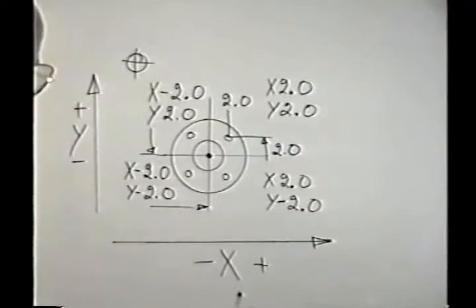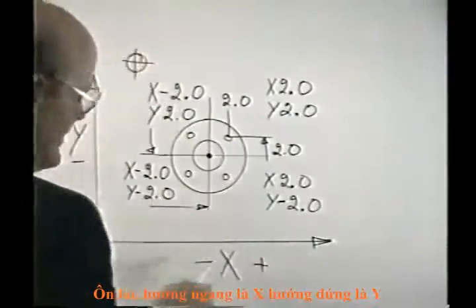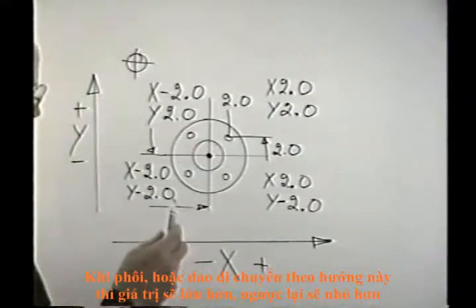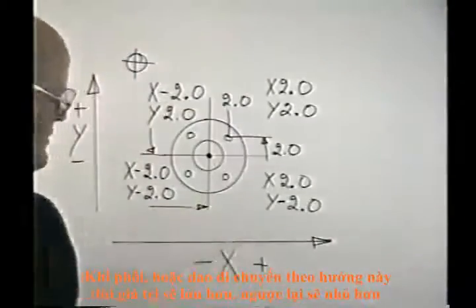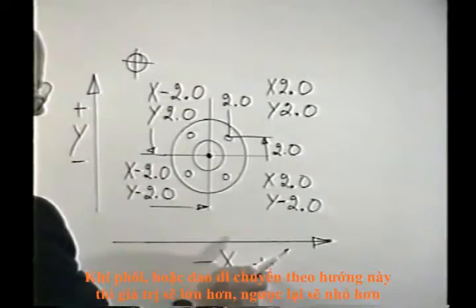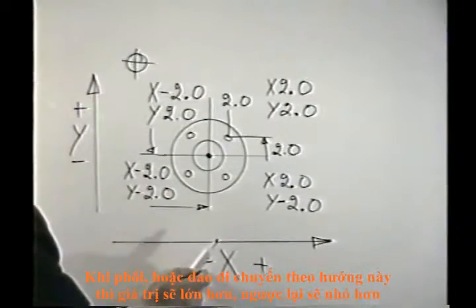So to review it, the side travel is always called the x direction. The in and out travel on a vertical machine is always called the y direction. For our tool to move in that direction, the number gets bigger. To travel this way, the number gets smaller.